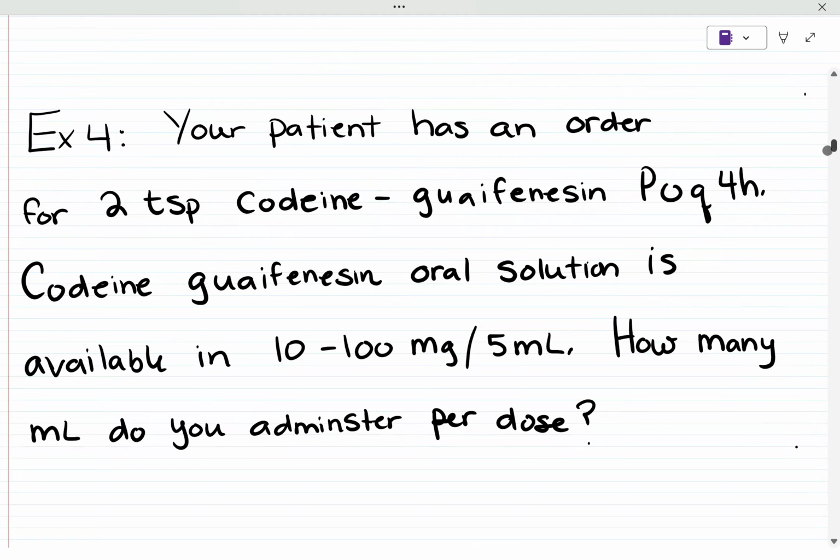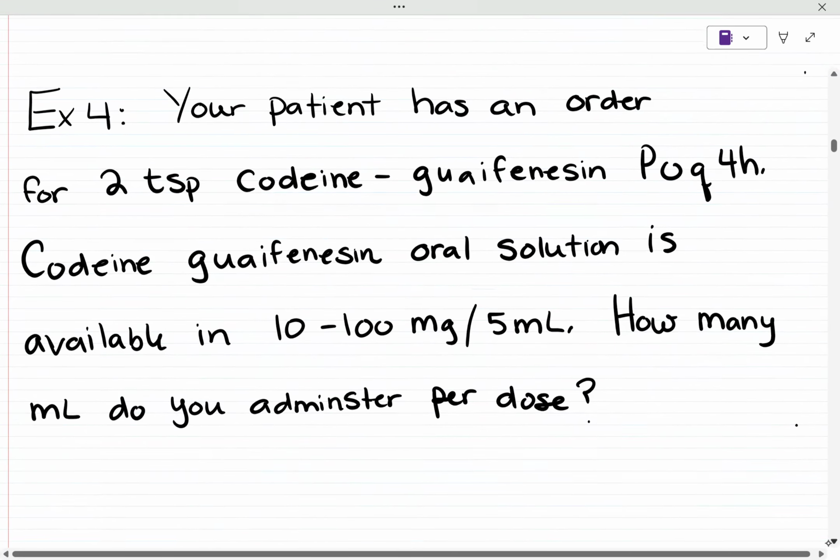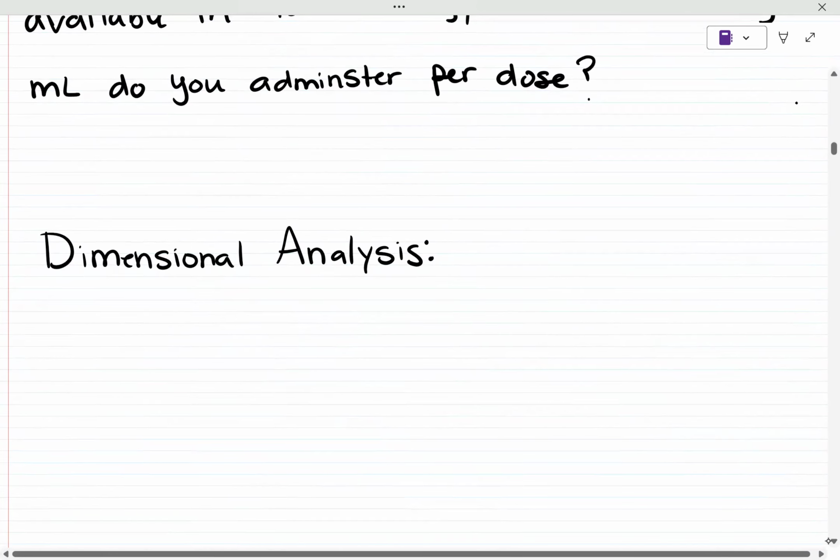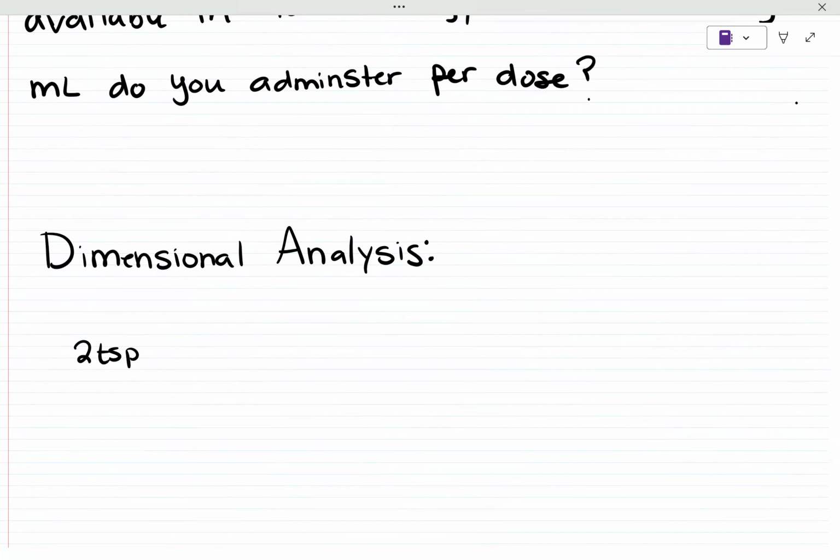Okay, so our final unit should be in milliliters. So let's start with dimensional analysis. We have an order of 2 teaspoons, so that's what we start with, 2 teaspoons times a fraction, and our final answer should be in milliliters, so you have to put teaspoons on the bottom and milliliters on top.